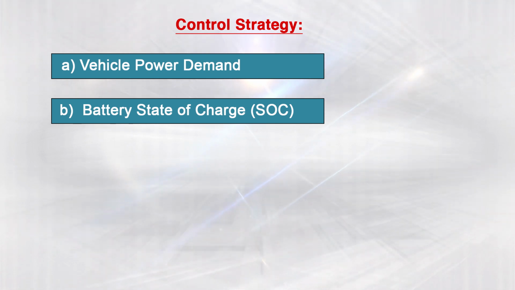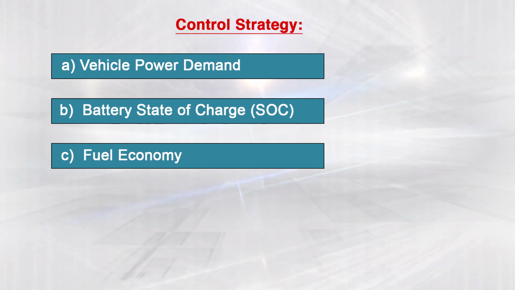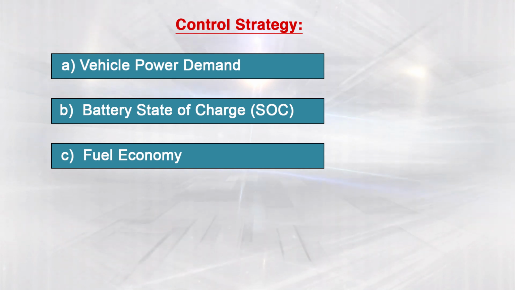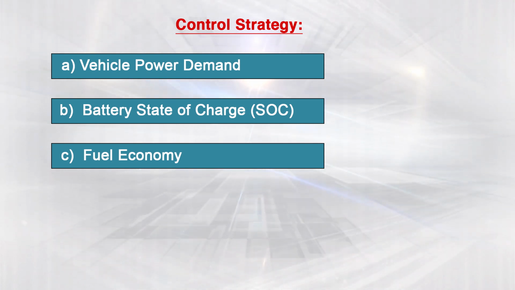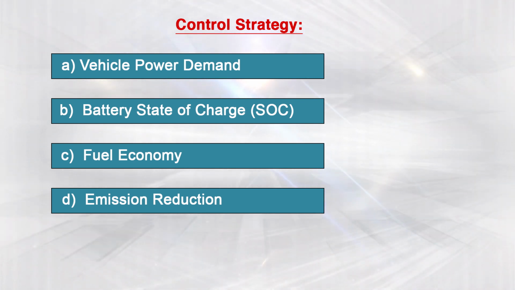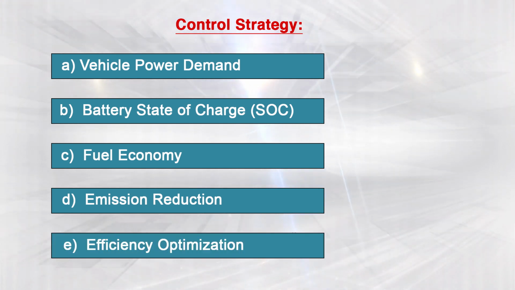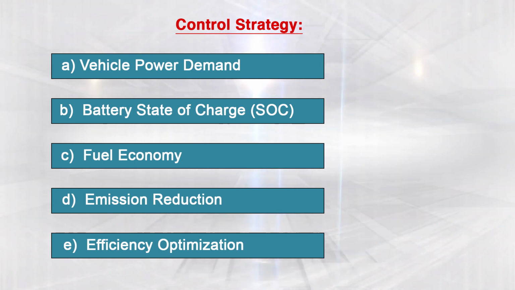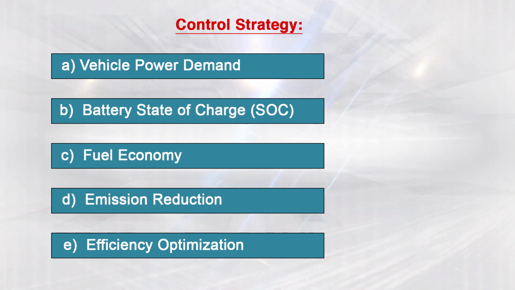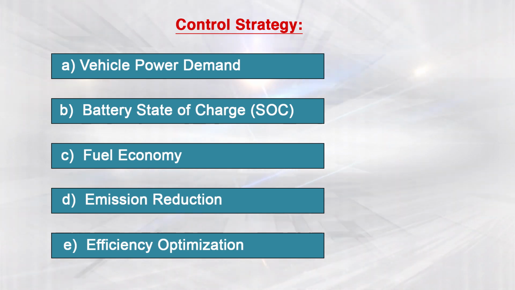can degrade battery life. In hybrid electric vehicles, optimizing the use of the internal combustion engine and electric motor to minimize fuel consumption while maximizing vehicle performance is another requirement, as is managing the power flow to reduce greenhouse gas emissions and other pollutants, especially during urban driving conditions. Maximizing the efficiency of the powertrain components, including the battery, electric motor, IC engine, power electronics converter and other associated components, reduces energy losses.